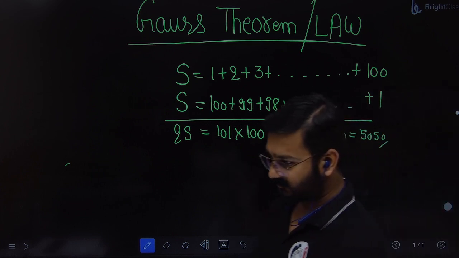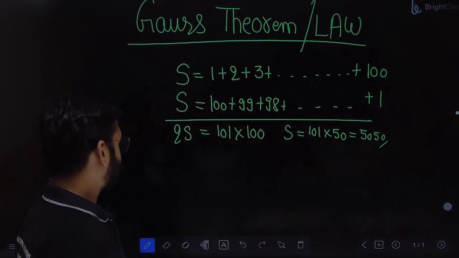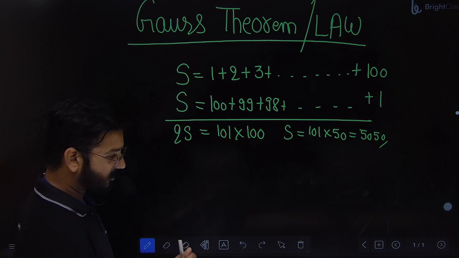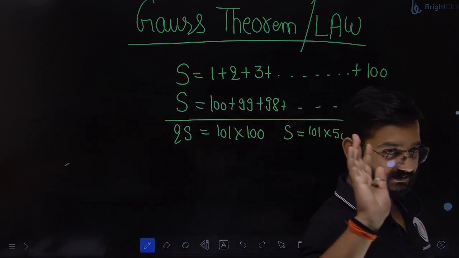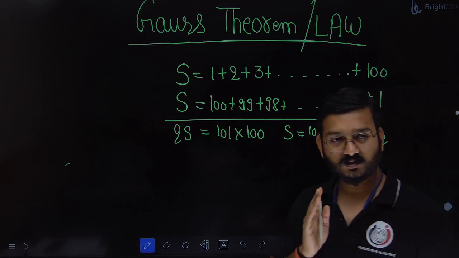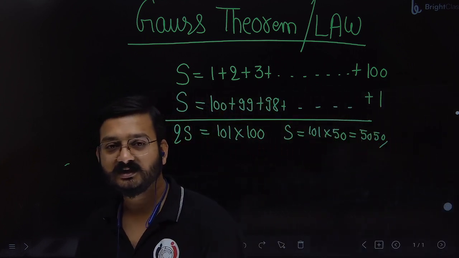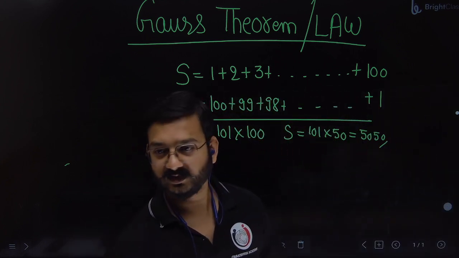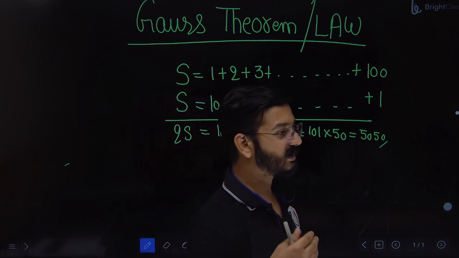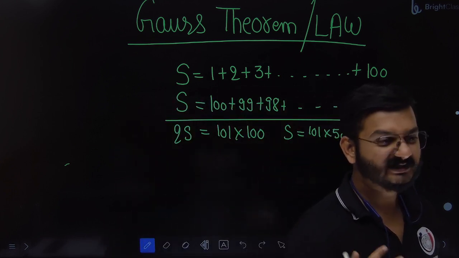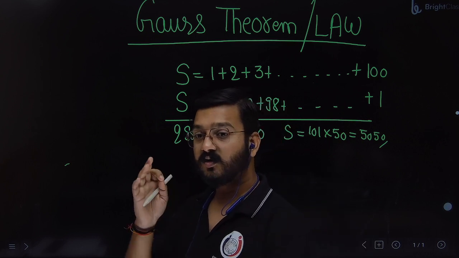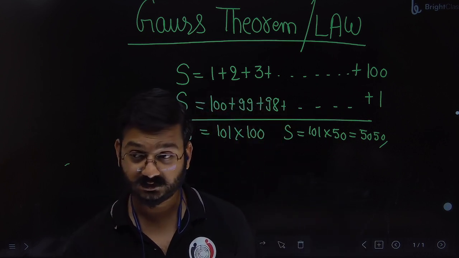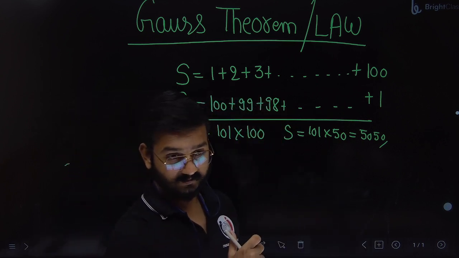So what did Gauss tell? That if we have a closed surface of any shape, any random shape, it should not be a standard shape. Standard in the sense, it's not necessary that it has to be a sphere, cube, cuboid, or cylinder. It can be a closed surface of any shape.